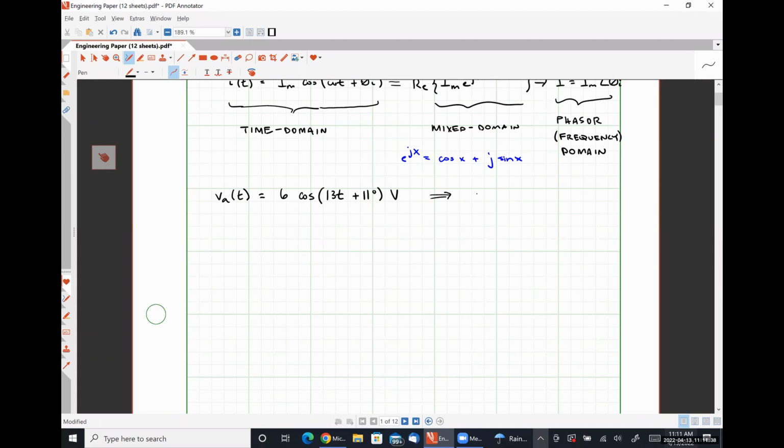Exactly right. So the phasor voltage VA would simply be 6 angle 11 degrees volts.